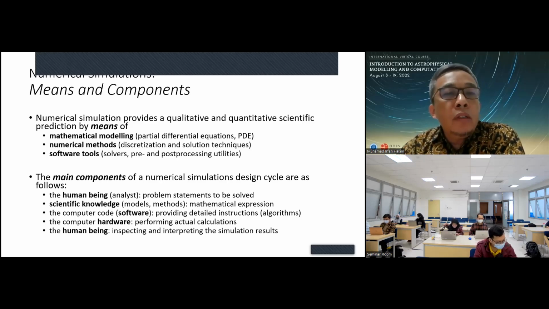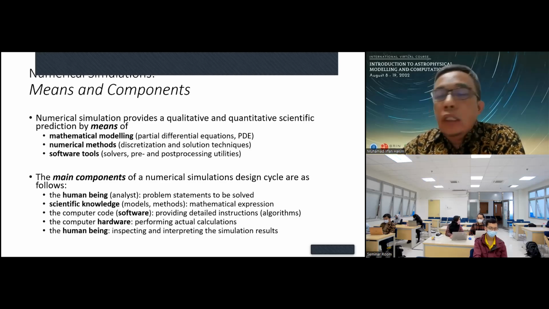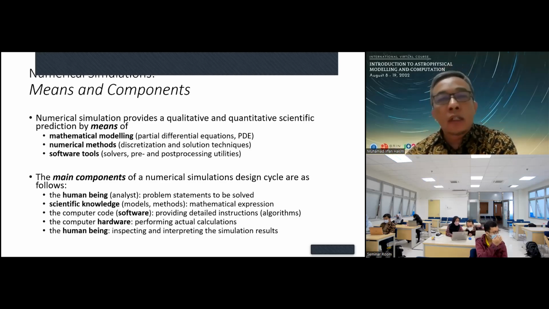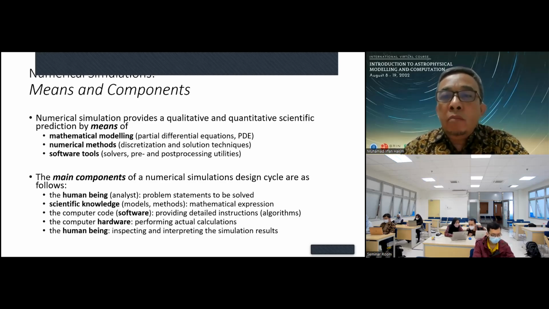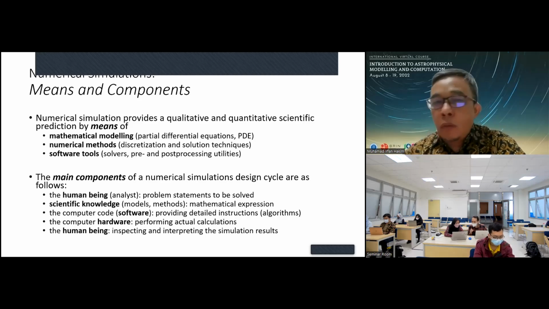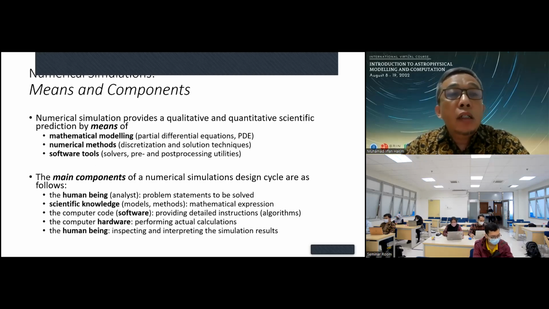Some of you may be familiar with solver software. For example, MESA is very popular in the Department of Astronomy in ITB, but it is only one of the means of doing simulation.